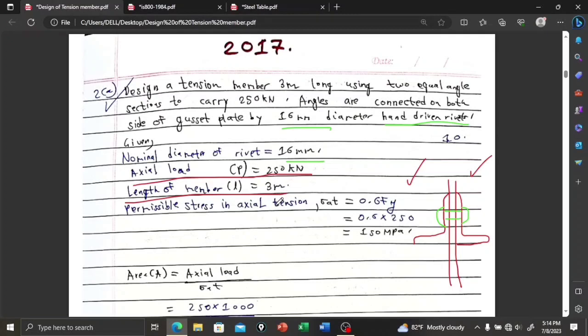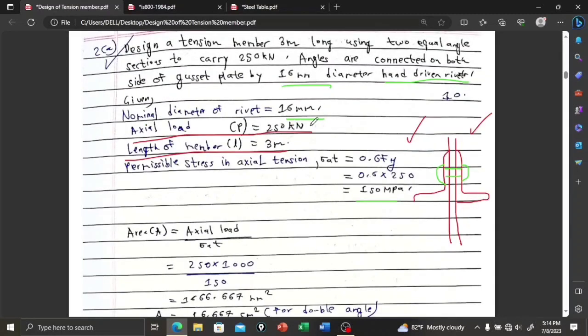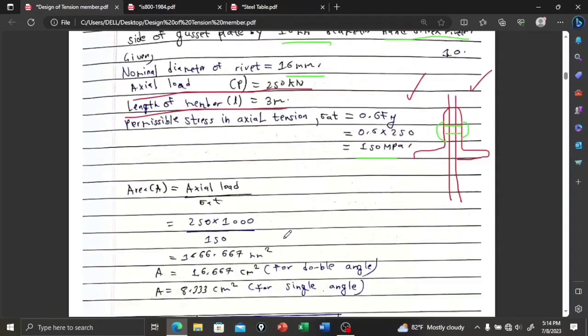So permissible stress in axial tension is 0.6 Fy, 0.6 times 250, that is 150 megapascal. Area is axial load divided by sigma AT. Axial load is 250 in kilonewton. To convert to Newton, we multiply by 1000, and sigma AT is 150. So this is 1666.667 mm square.